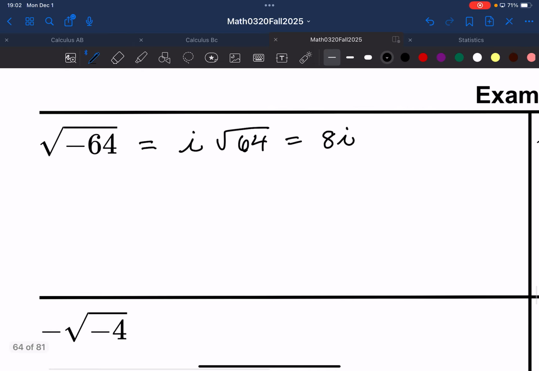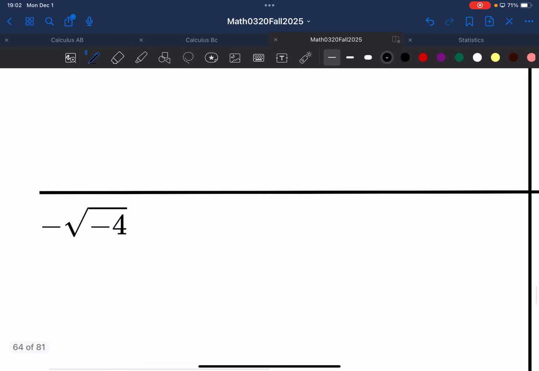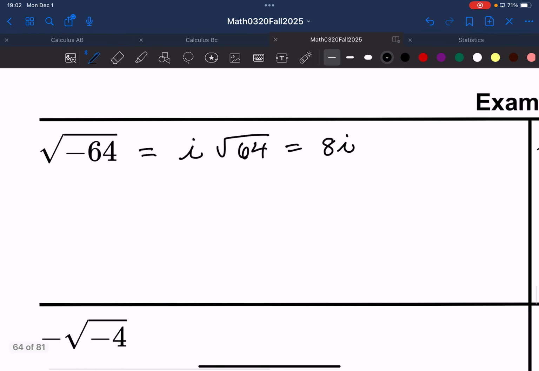Same with this next example. Is it almost like the absolute value? It's absolute value in the aspect that you're getting rid of the negative, yeah, but there's no correlation between imaginary and absolute value.